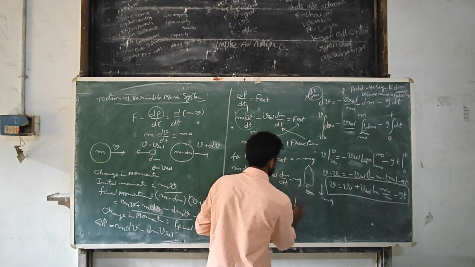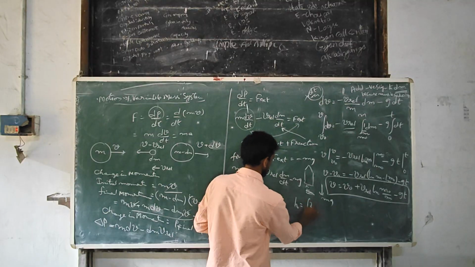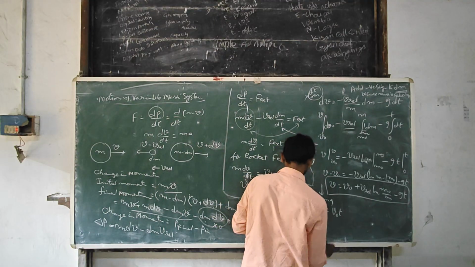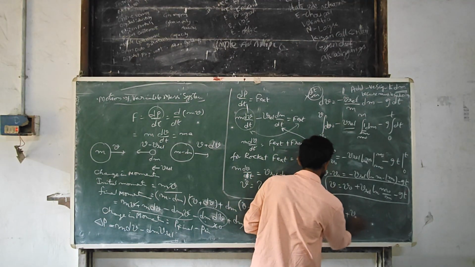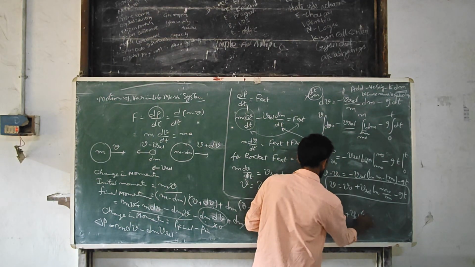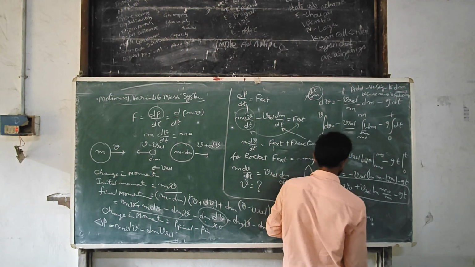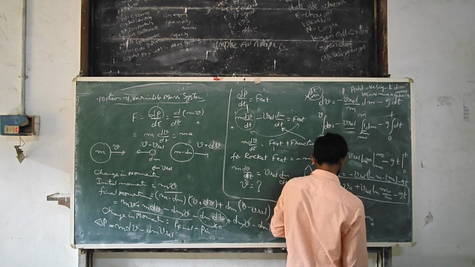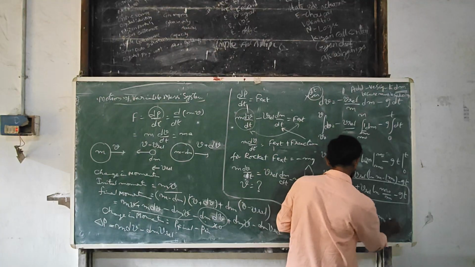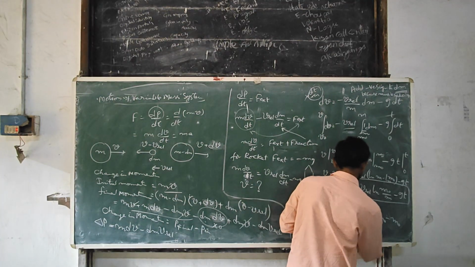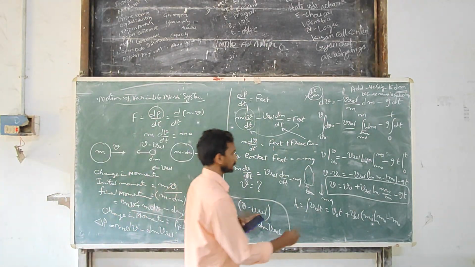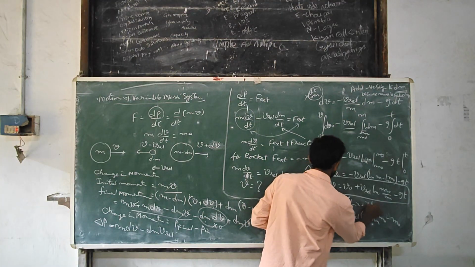And if you integrate it further, you will get the maximum height reached by the rocket. That is given by v naught t plus v relative, and the integration of log x is x log x minus x.